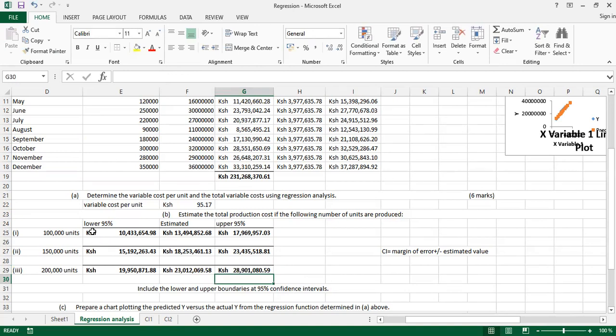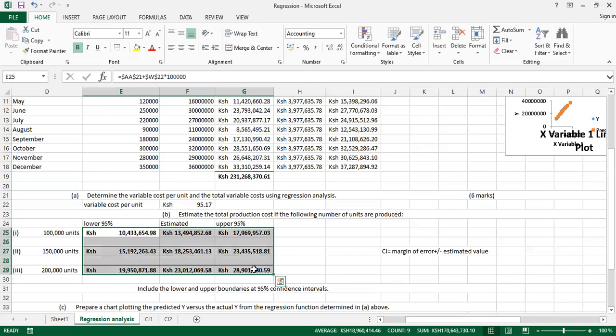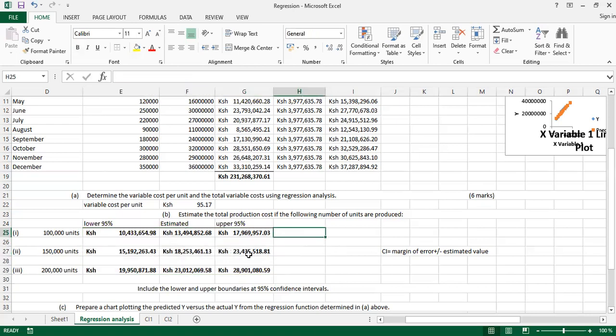You can see that, Alt HBM to remove the borders, and then Alt HBP. You can see that we have included the lower and the upper boundaries at 95 confidence interval. It was just as simple as that. And you can just measure, like equals this one, the estimated, minus this one, Control Enter.